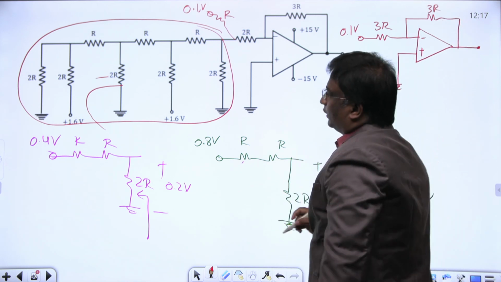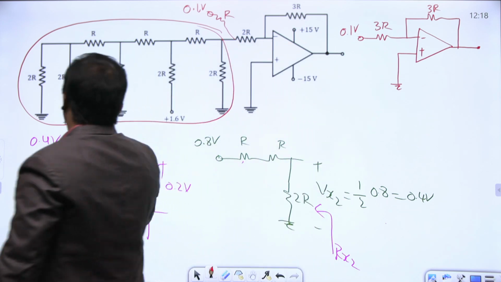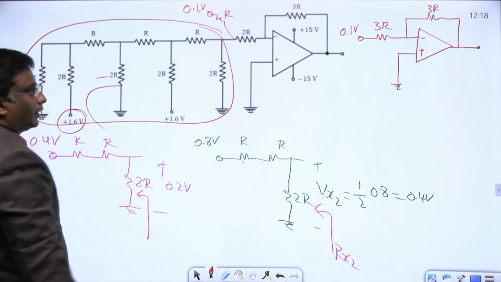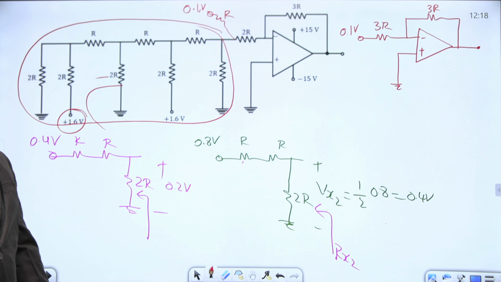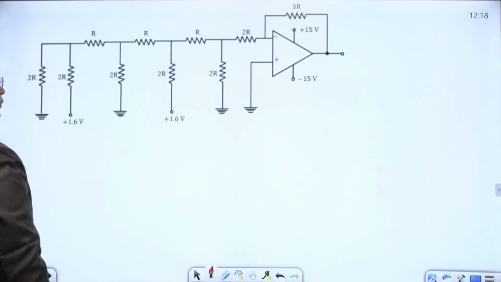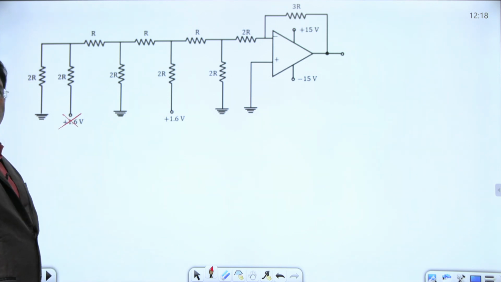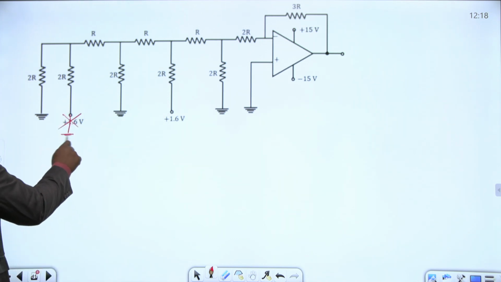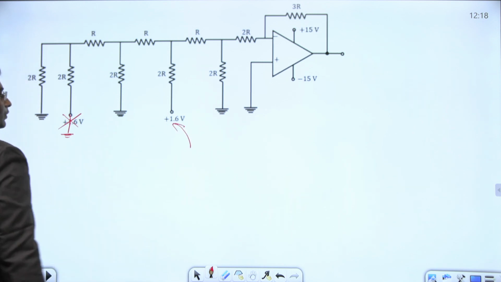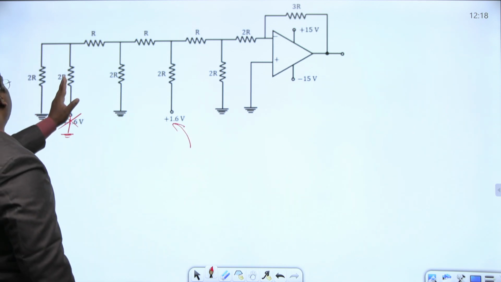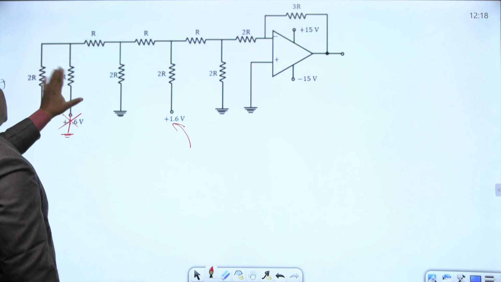When this 1.6 source is acting alone, we found the response like this. Similarly, let us assume only this other source is acting alone. How to eliminate this source here? Shorted. Let us find the response only due to this source. First, simplify this one. 2R, how are they connected to each other?